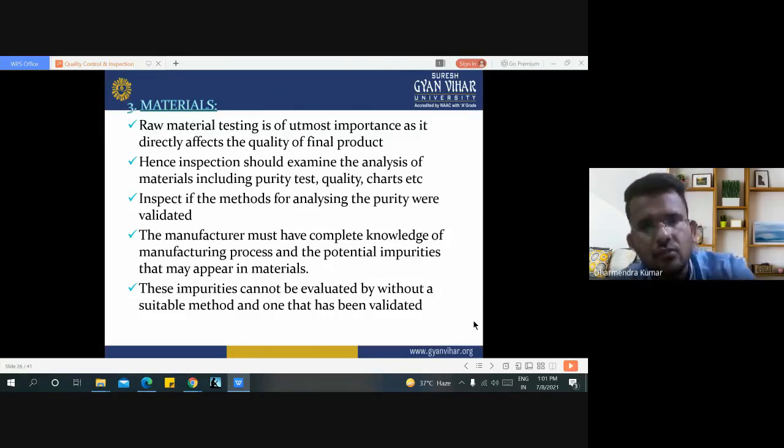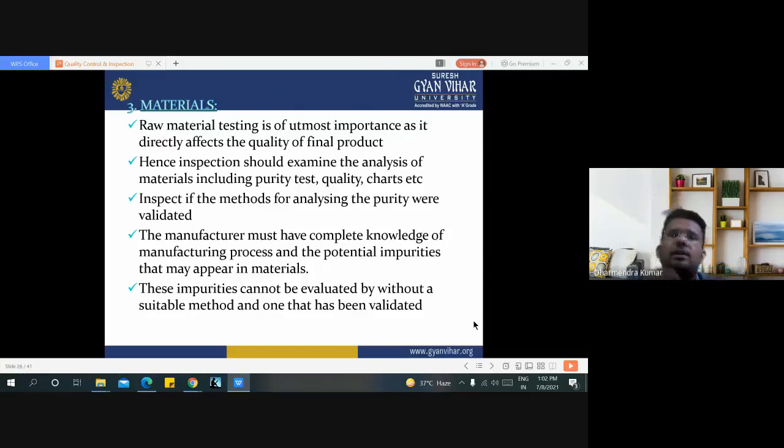Hence inspection should examine the analysis of materials, including purity test, quality test, and chart test, etc. Inspect if the method for analyzing the purity was validated or not.